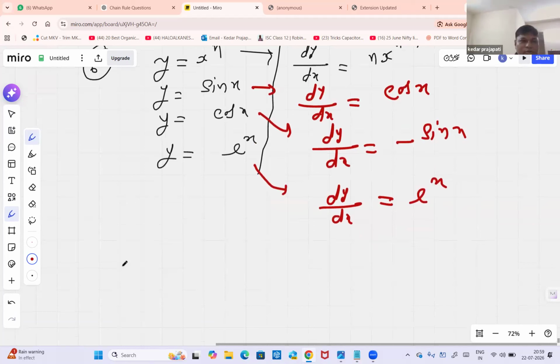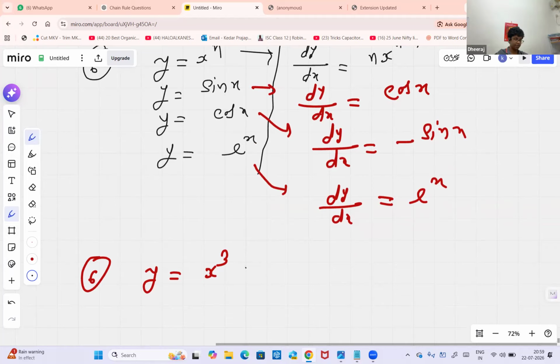Now, we know how to solve this. If x to the power 3 is given, dy by dx will be how much? 3x square. Yeah, this is in the formula of x to the power n.